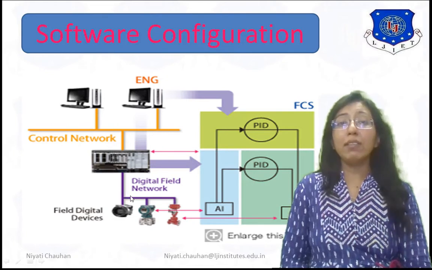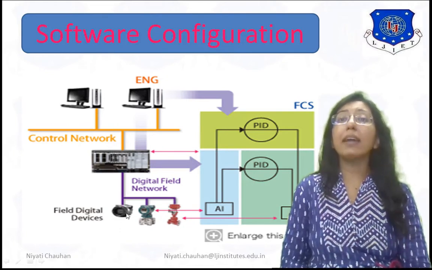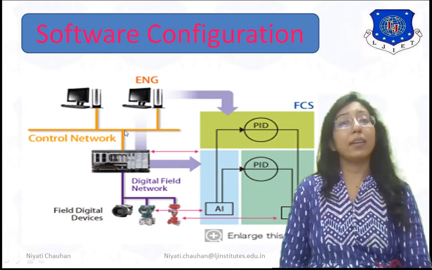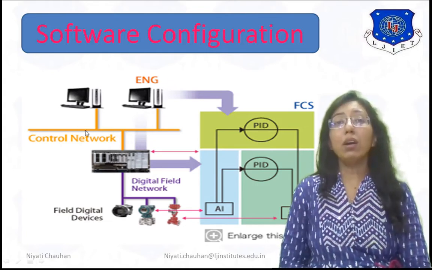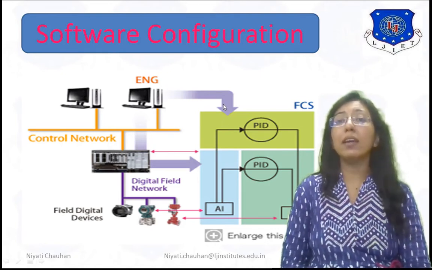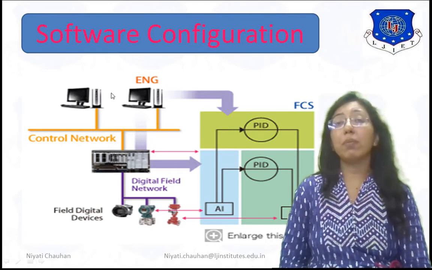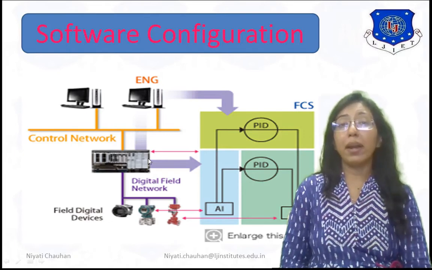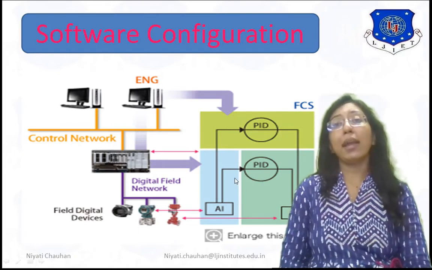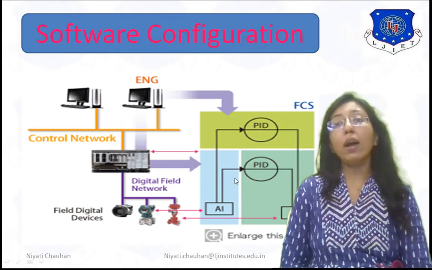These field devices are connected with the controller, and controller data is sent to the operator. Here you can see PID connected with operator, and also connected with control system and with analog input and analog output.